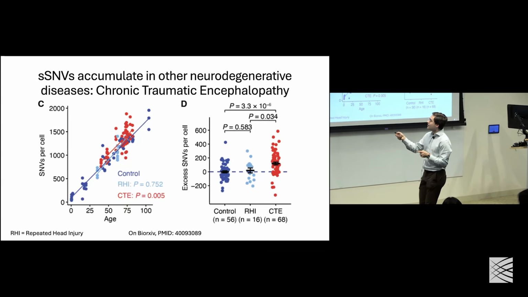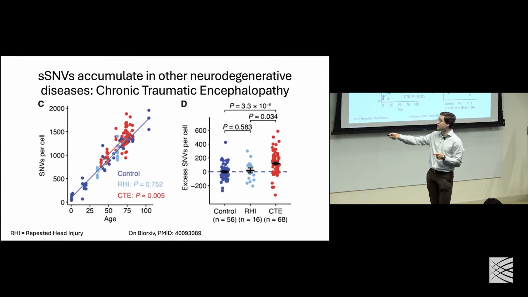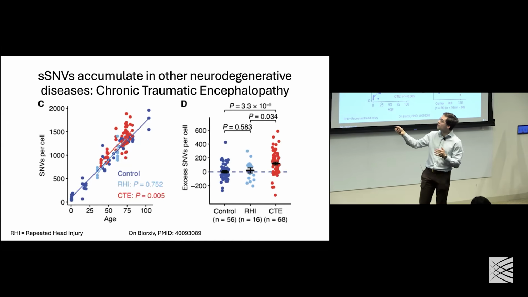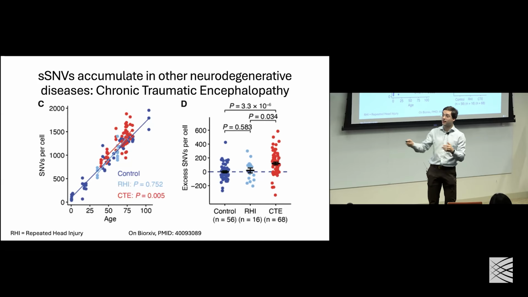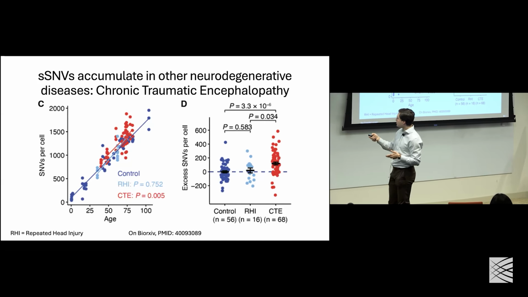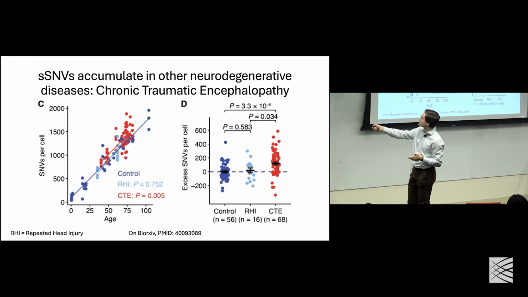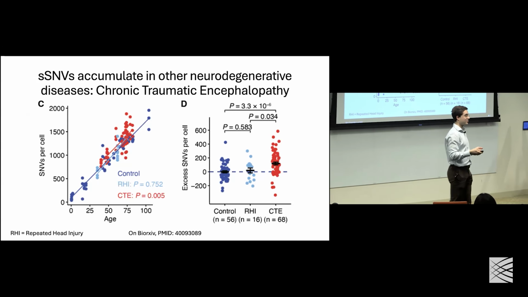So it's not just repetitive head injury that causes somatic mutations. You have to have both the neurodegeneration and the repetitive head injury to be at a greater risk of accumulating somatic mutations. Those RHI individuals have a relatively normal amount of somatic mutations. It's only those with CTE that have more somatic mutations.